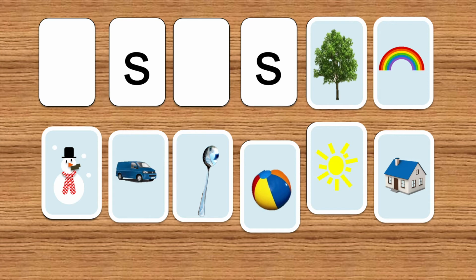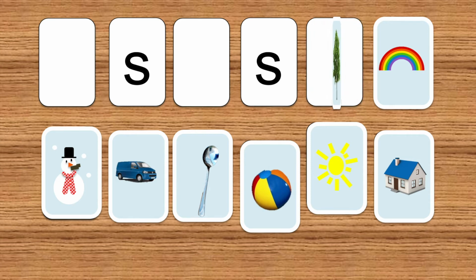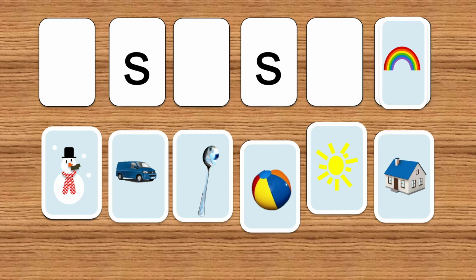What do you think? Can't see anything. No S in tree. The next word is rainbow. Is there a S in rainbow? What do you think? No S sound in rainbow.